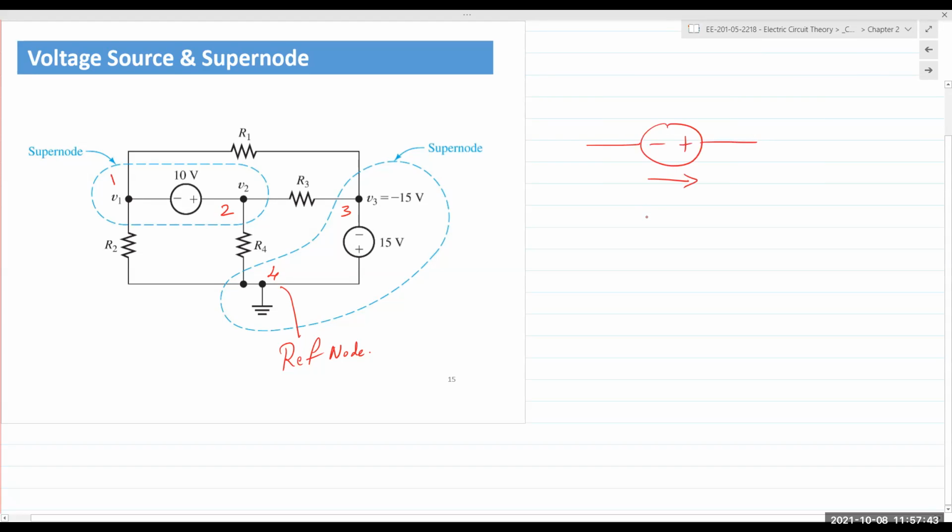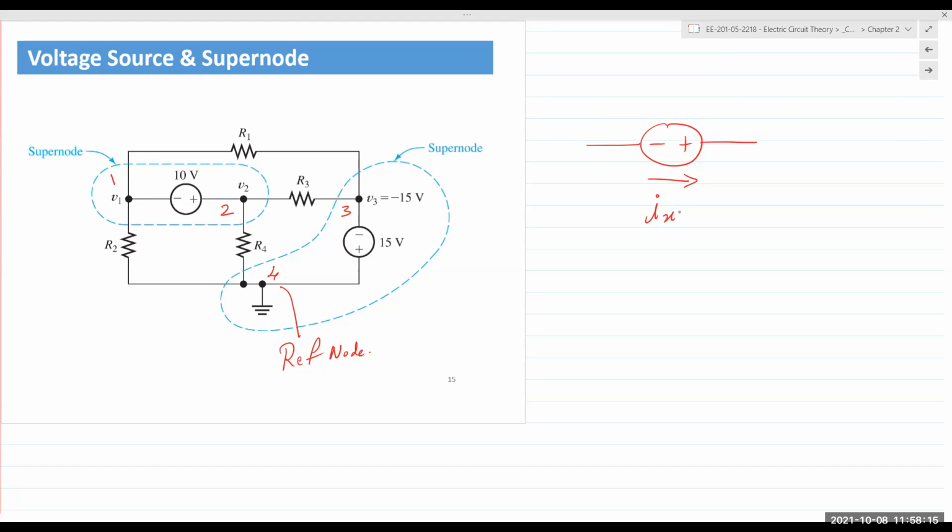If I say there is current Ix flowing through the voltage source, we cannot represent Ix using Ohm's law. Obvious problem. Every other current I can write. IR2, I can write as VR2 divided by R2. I can do the same for R1, R3, and R4. I cannot do the same for Ix. So what should we do? We want to eliminate Ix from our equation.